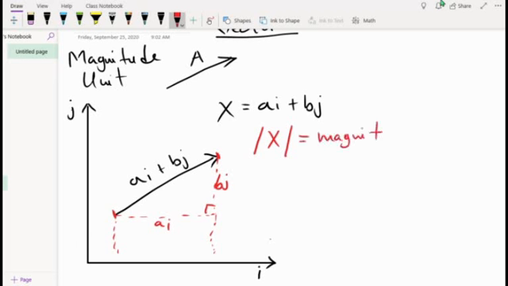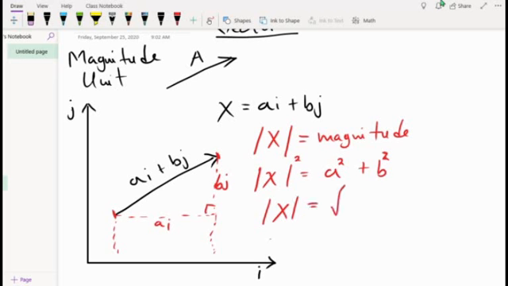The magnitude of x squared is equal to a squared plus b squared. So at the end of the day, finding the square root of both sides, the magnitude of x is equal to the square root of a squared plus b squared. That is simply what the magnitude of a vector is.